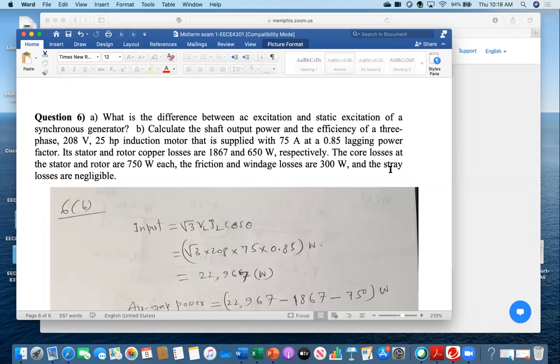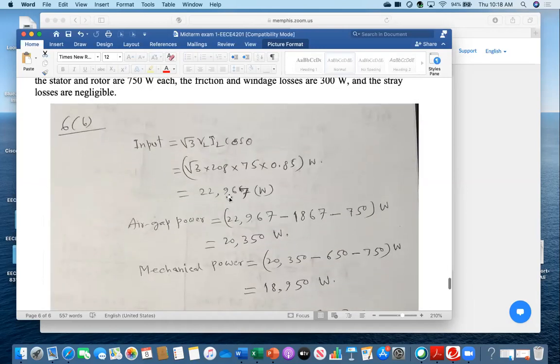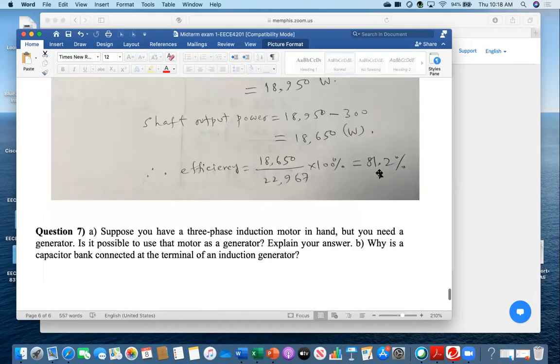There was no value for the stray losses, it was negligible, that was 0. So finally, I got 18,650 watt, or you could say 18.65 kilowatt. And then to find the efficiency, this ultimate, eventual final output over the original input, the actual electrical input to the motor, as a percentage is 81.2.